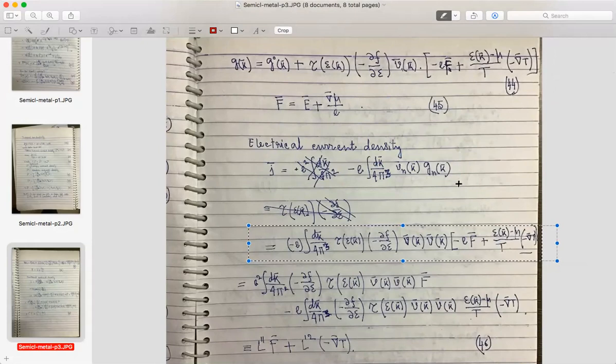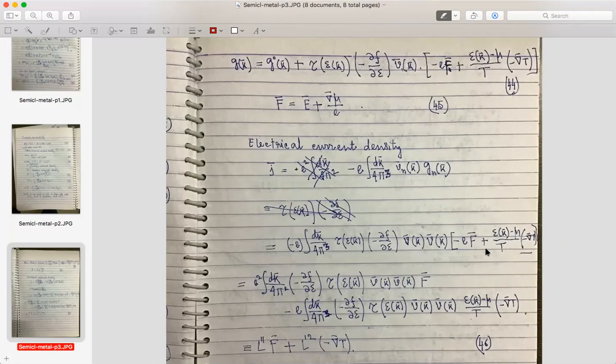Now we plug in the non-equilibrium part of G in this integral for the current, to write this like this. So there is this factor of tau, derivative of F, V, that comes from G. Then there is another factor of V that comes from here. And then this factor within these brackets.